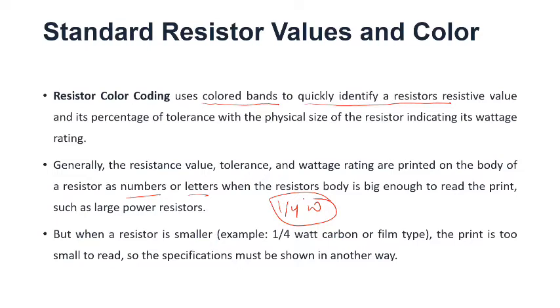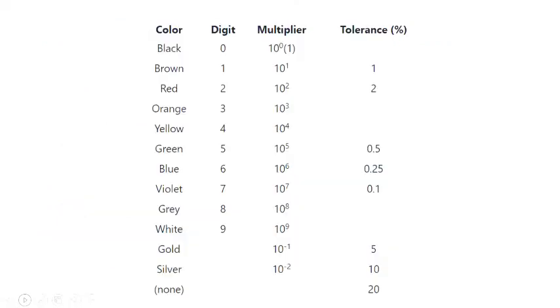So in that case, we should identify some other way to know its resistive value, and that would be with the help of the color coding rule. The color coding rule is totally based upon this table. Some of the students may recognize this table.